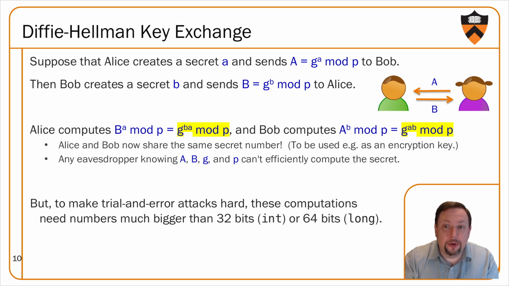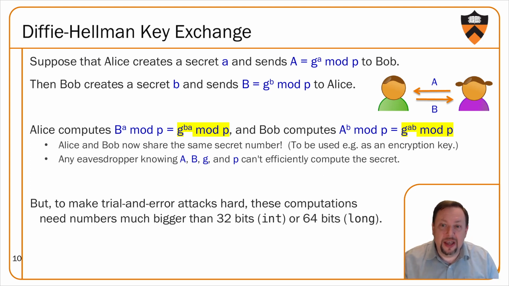Now, an eavesdropper could actually observe big A and big B, but we're assuming that the eavesdropper doesn't have access to little a and little b. Now, there's this magic computation that Alice and Bob can do. Alice can take whatever Bob sent and raise it to the power of her secret key. And Bob takes whatever Alice sent and raises it to the power of his secret key, both mod p.